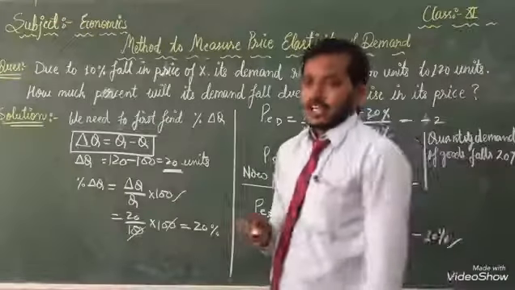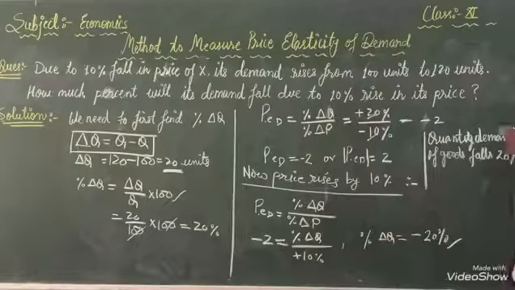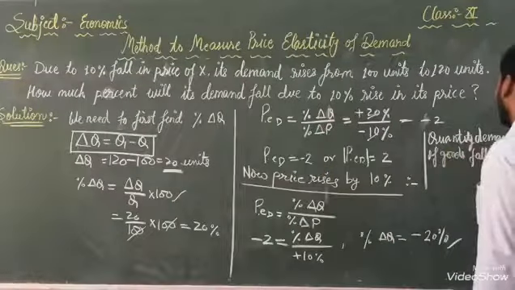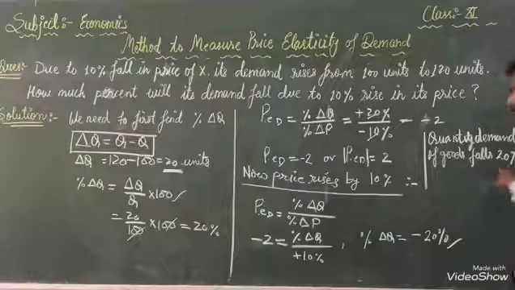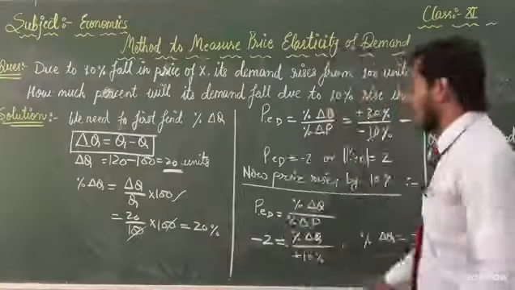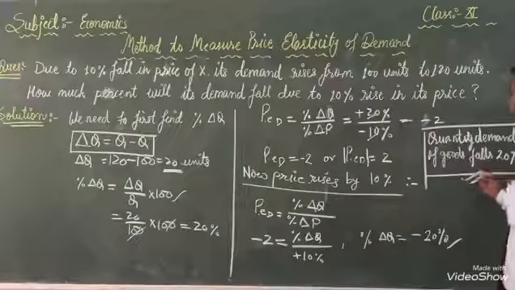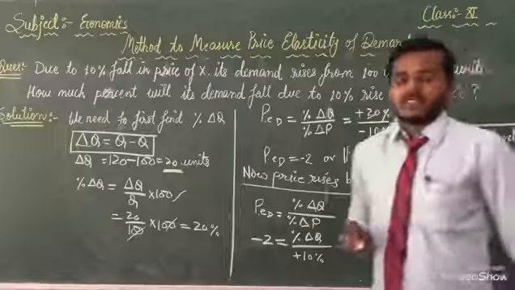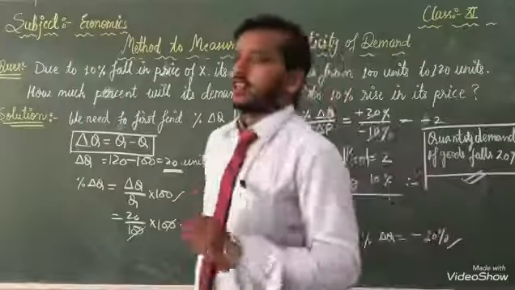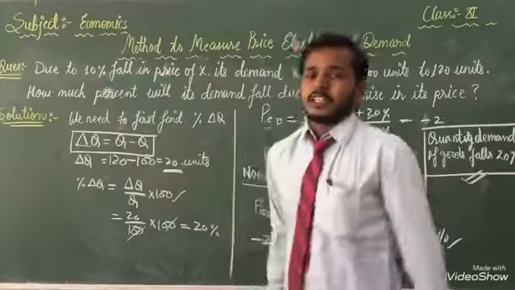Okay, with the help of that we can solve. Otherwise we can write: quantity demanded of goods falls by 20%. With the help of that we can calculate. This is the solution and this is the reason of the answer. Same thing, whatever question will come in front of you, you have to solve it and make a note.